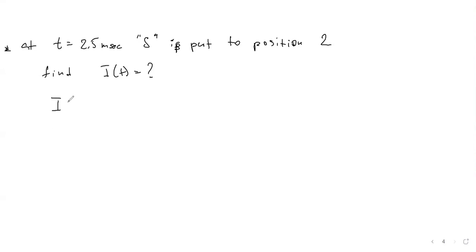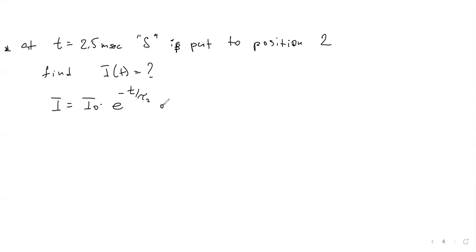So the discharging process will follow this nice equation. I note this is the initial current that was at the moment of switching. And then minus t over tau. The only difference is the time should be counted from the moment of the switch.